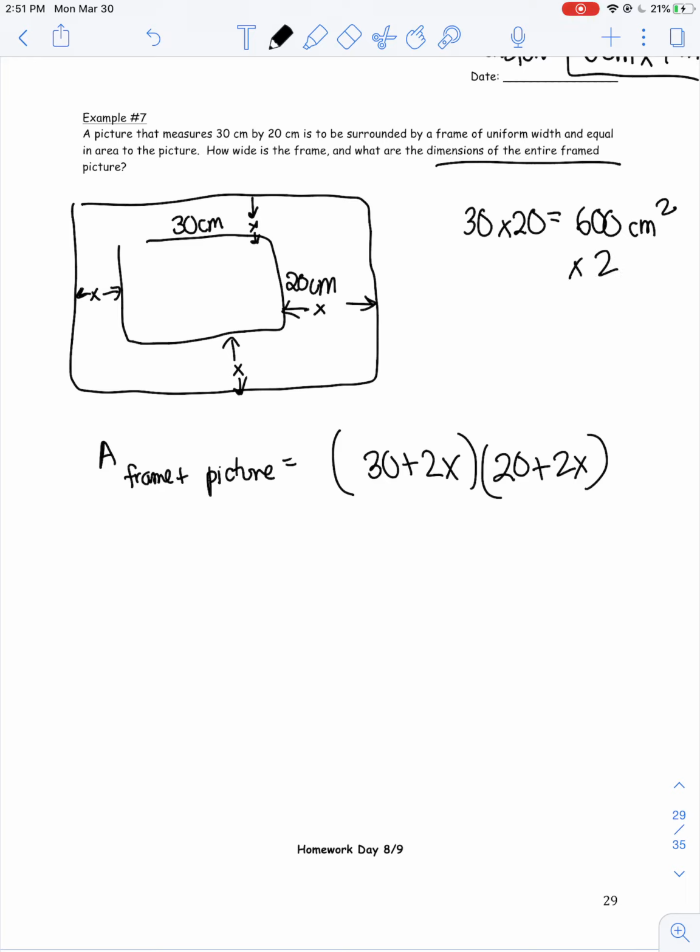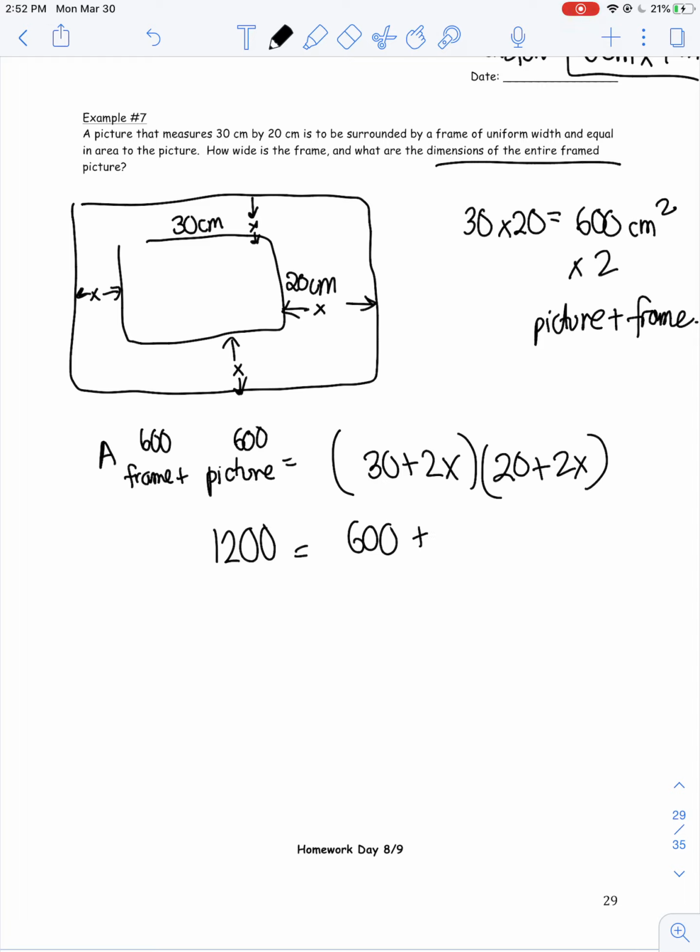We also know that the frame is of uniform width and equal in area to the picture. So if we double this, we're going to get the picture plus the frame dimensions, or area in this case. So if we double it, we get 1200 because the picture is 600, and it also tells us the frame by itself is supposed to be 600 centimeters squared as well.